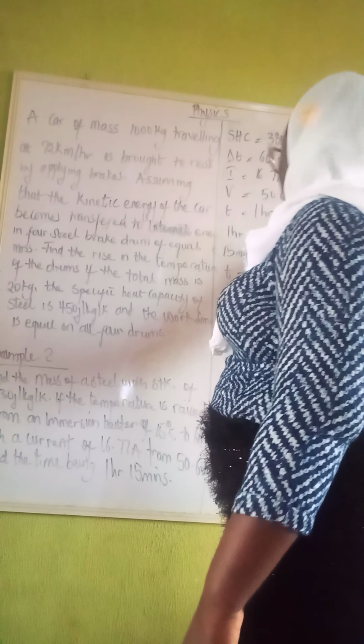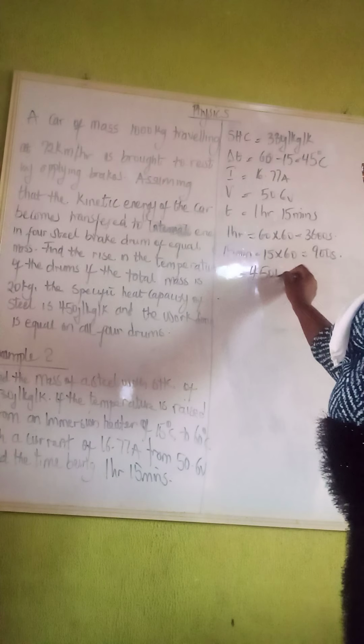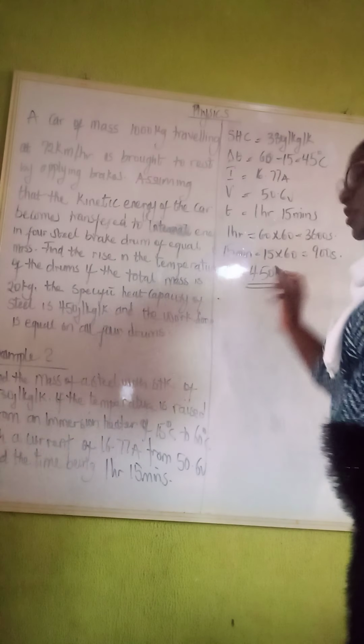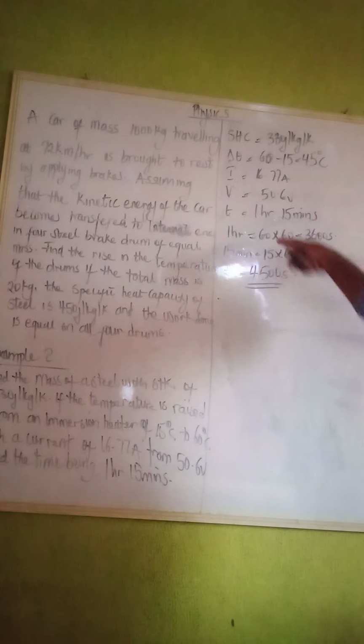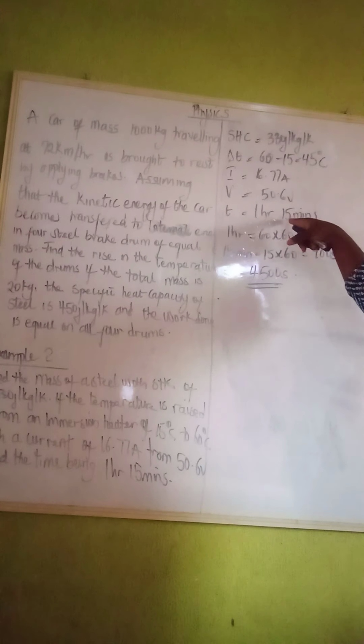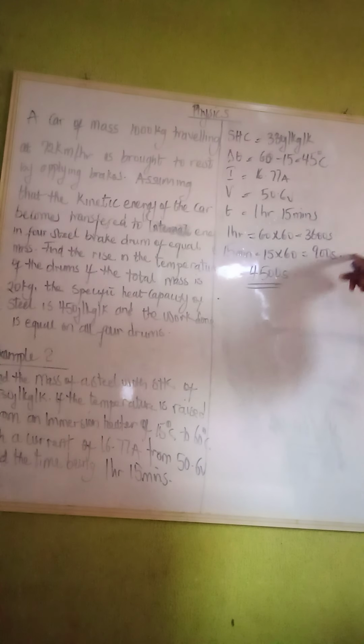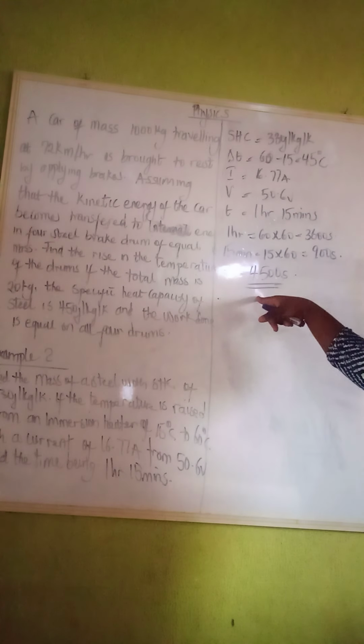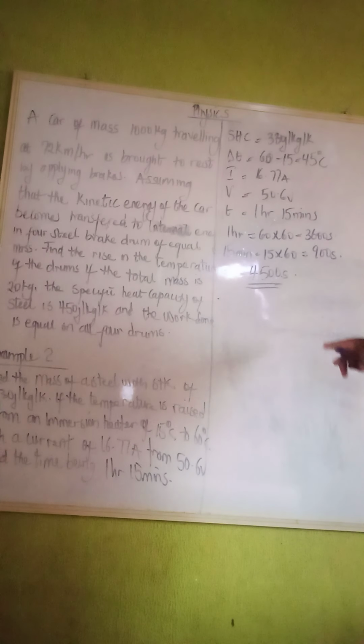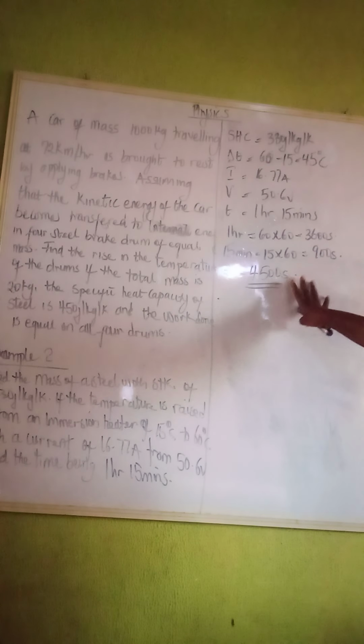So our time will be 3,600 plus 900, a total of 4,500 seconds. Can you see the way I converted my hours to seconds, then the minutes to seconds, and you add the two together to have your 4,500 seconds. Now our time is standard.